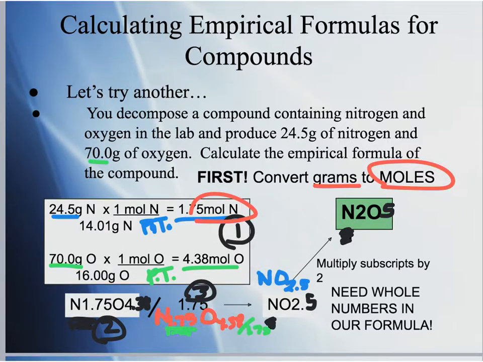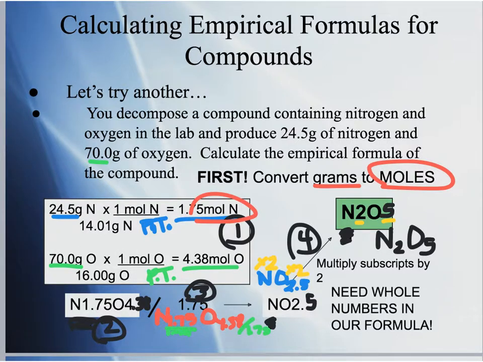Because all we need to do is to get 2.5 to a whole number, let's multiply them by 2. So if we multiply oxygen by 2, that means we have to multiply nitrogen by 2, multiply the whole compound by 2. And when we do that, we end up with N2O5, right? So this is our actual compound, N2O5. So that's kind of our fourth step there.